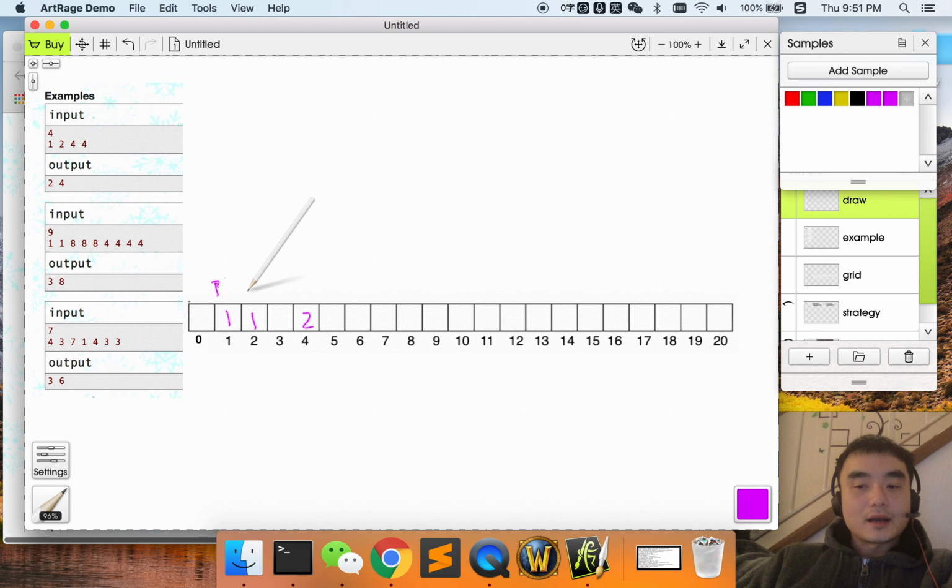So it's a greedy problem, right? Greedy means we have a best option for each individual sub-problem. We can explain it later. For now, let's concentrate on the strategy here.